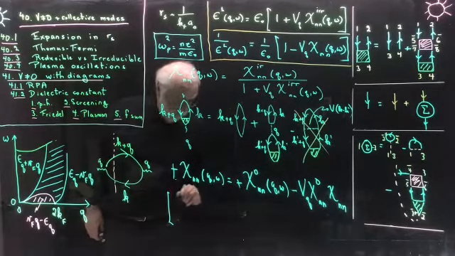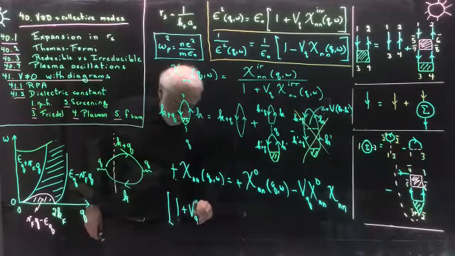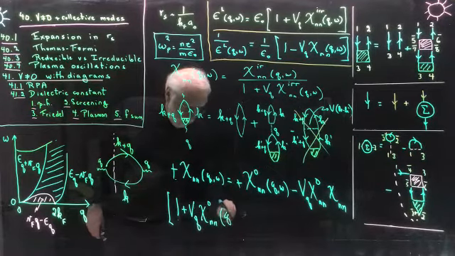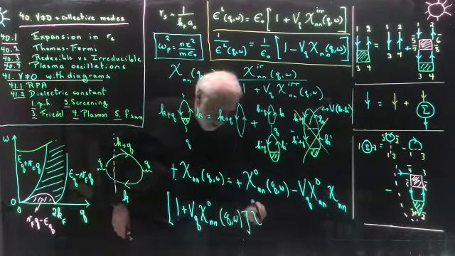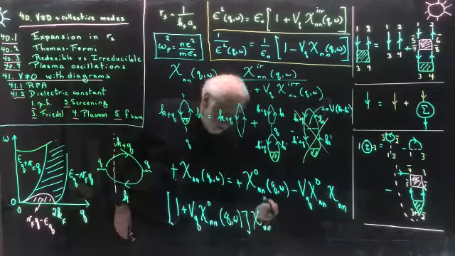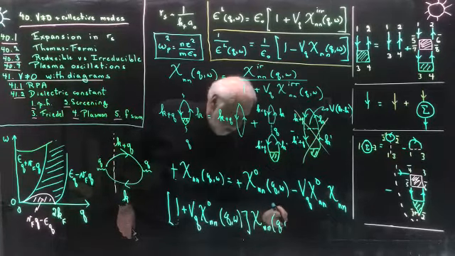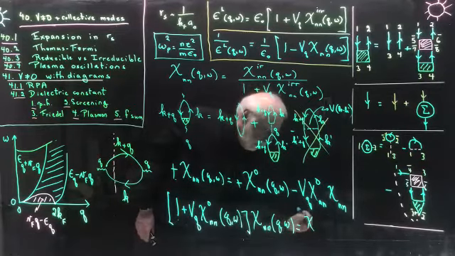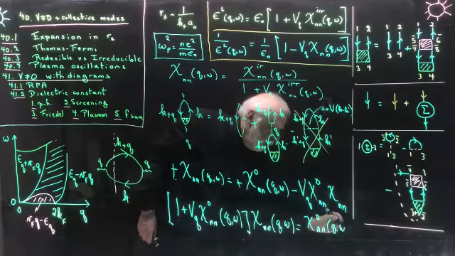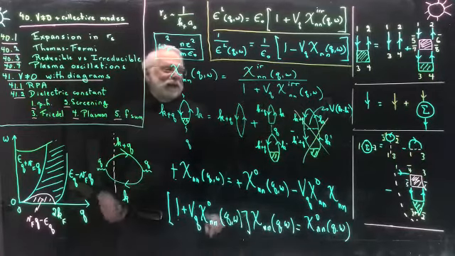So I have 1 plus V of q times the chi_0n of q and omega, times the chi_n of q and omega, is equal to chi_0n of q and omega. Sounds familiar?